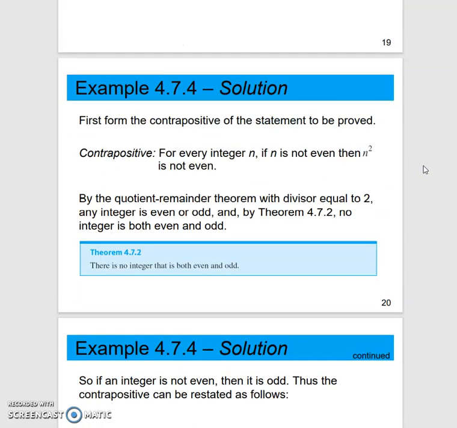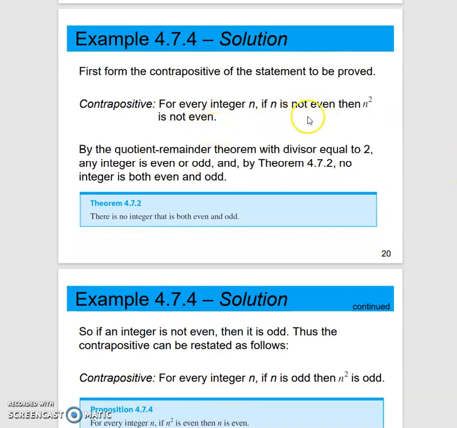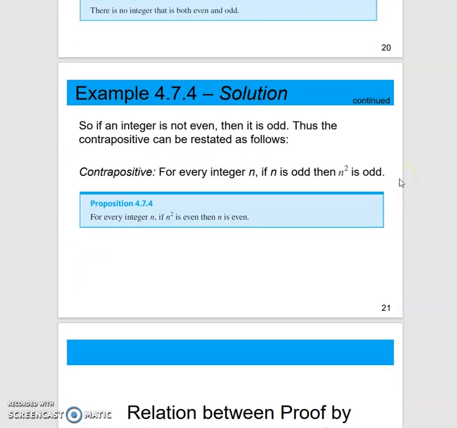I'm going to start by stating that contrapositive. If n is not even, then n squared is not even. Well, if it's not even, that means it's odd. So phrased more neatly, if n is odd, then n squared is odd. And we have actually already proven that, a couple of sections ago. So the rest of the proof is what we have seen in previous sections.